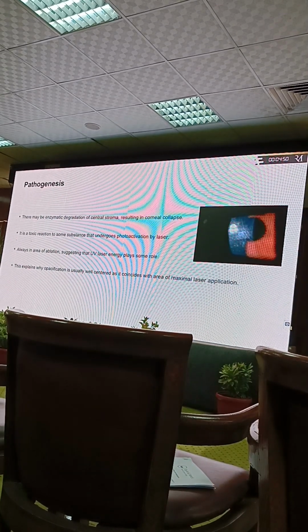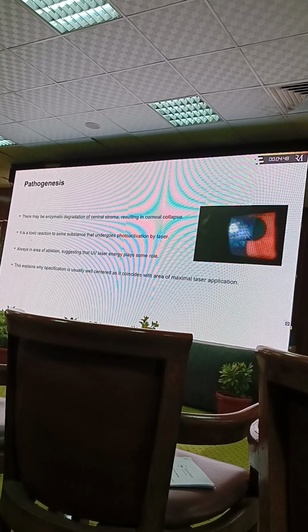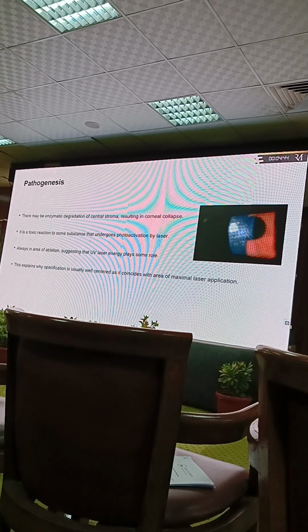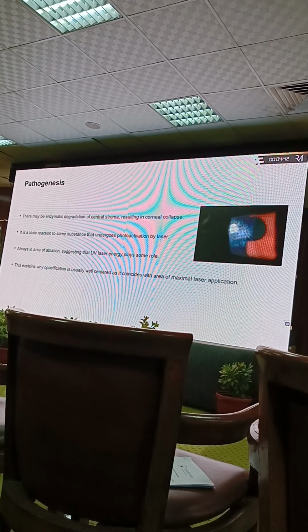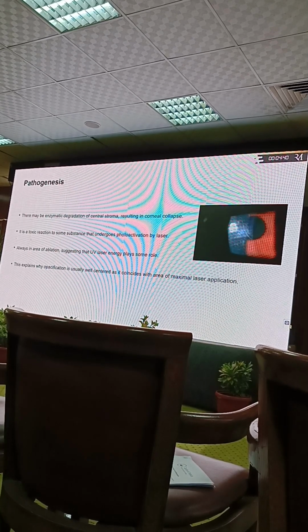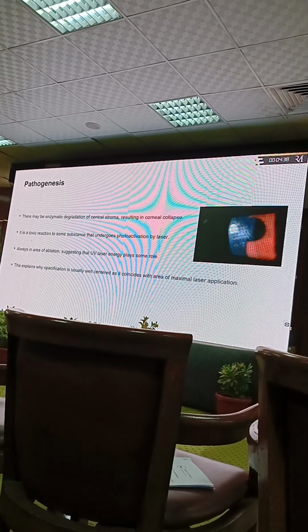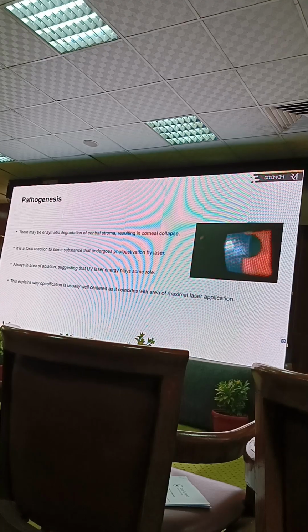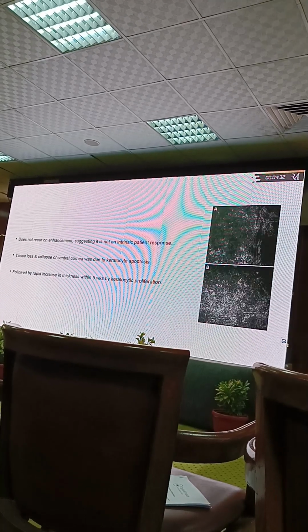It's a toxic reaction to some substance that undergoes photoactivation by laser, and always in the area of ablation, suggesting that ultraviolet laser energy plays some role. This explains why opacification is usually well centered, as it coincides with the area of maximal laser application.